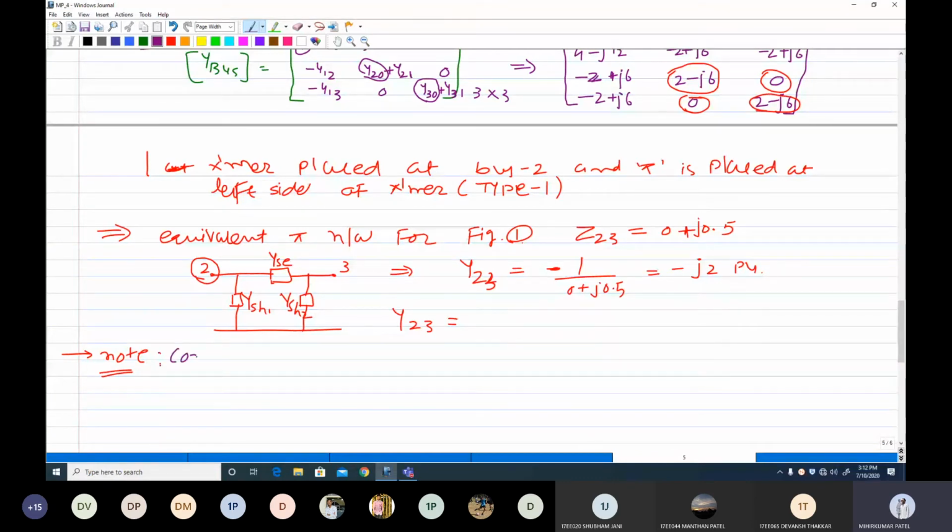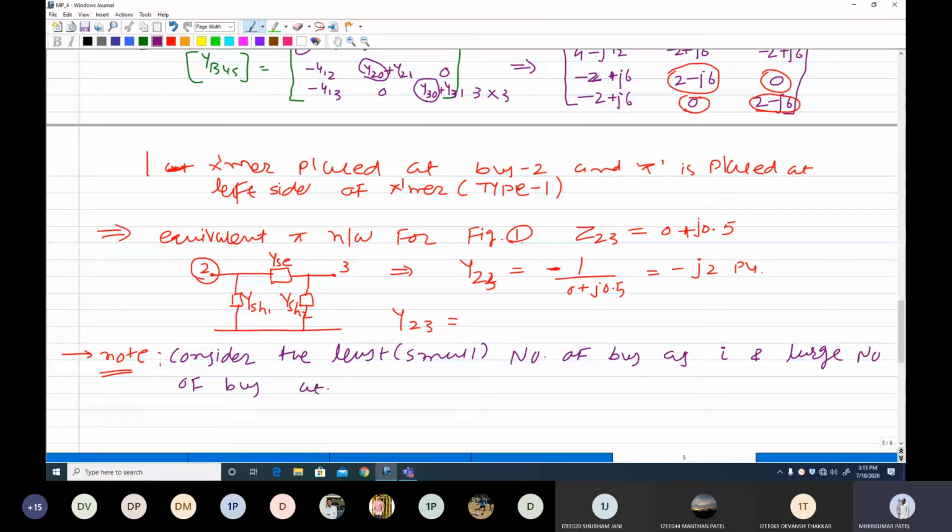Write down the note. Consider the least, or we can say small number of bus as I and the large number or highest number of bus as J. So this will help you to calculate easily or make your understanding easy.